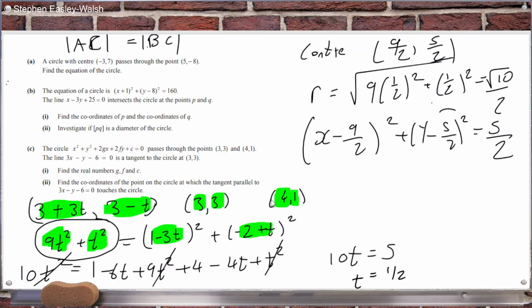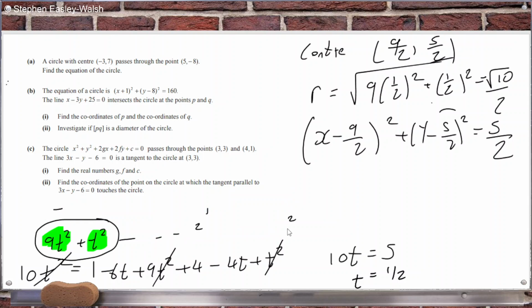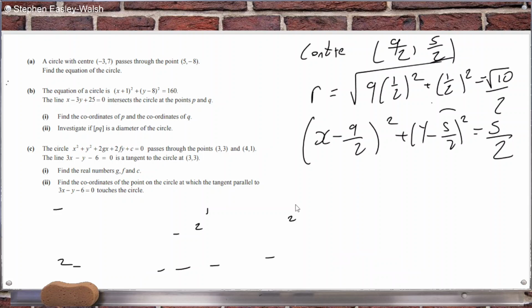So now let's have a look at the last part. Find the coordinates of the point on the circle at which the tangent parallel to that touches the circle. Okay, well, I'll need to make a bit of room, so let me just delete this work in here. Okay, so we have our circle now. We know the equation, the center, the radius, everything. Find the coordinates of the point on the circle at which the tangent parallel to 3x minus y minus 6 touches the circle.